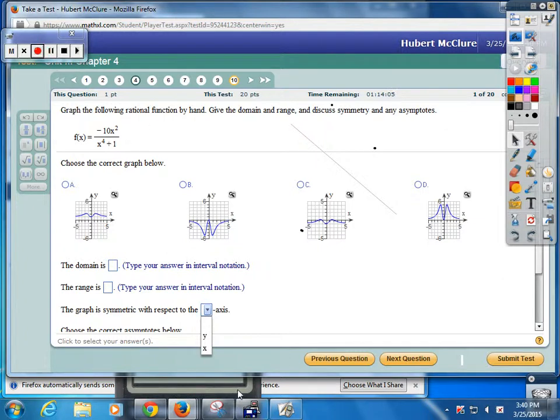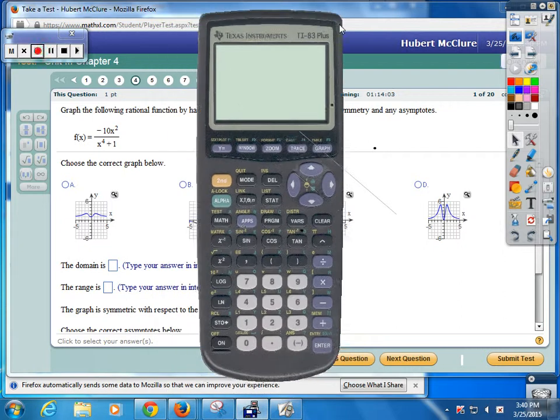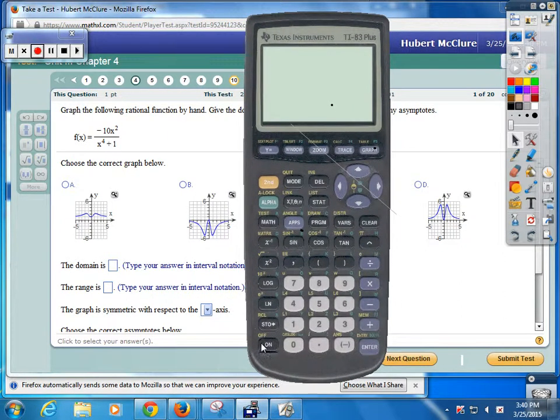Let's see what happens when we plug it in. I don't know if it'll graph it or not. Okay, so let's type it in.